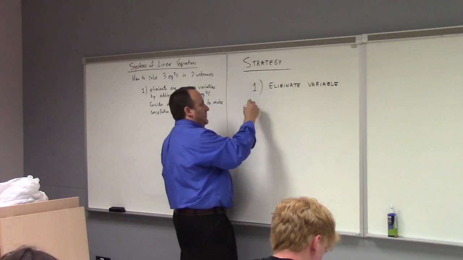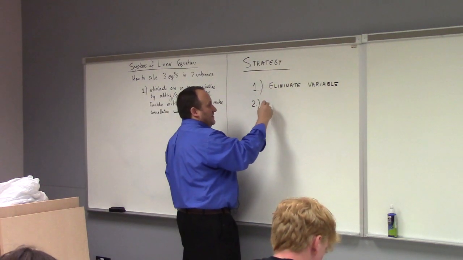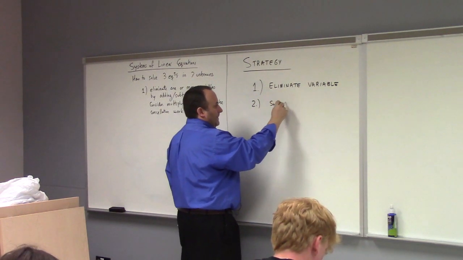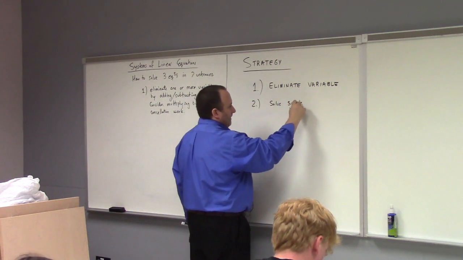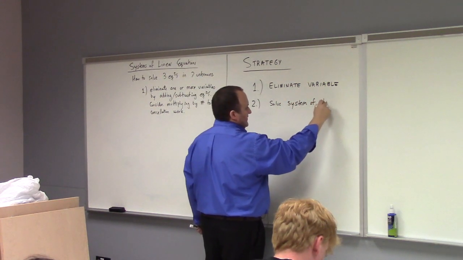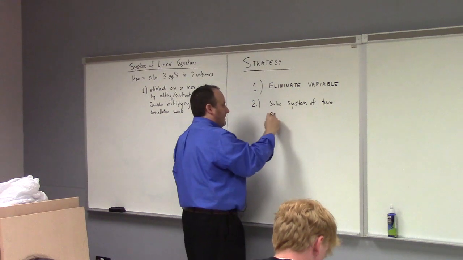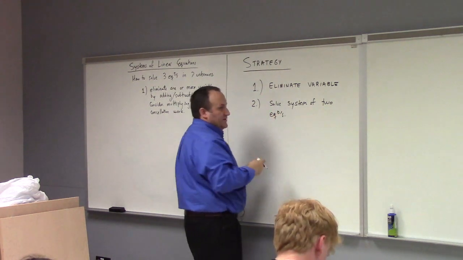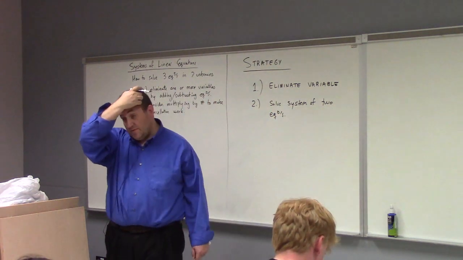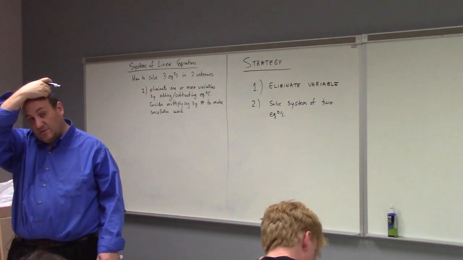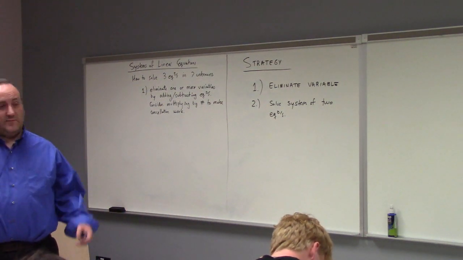And so what that will get you to is you solve a system of two equations, right? If you can get rid of one of the three variables, then you've got just two equations and two unknowns, all right? And then we already know what to do.